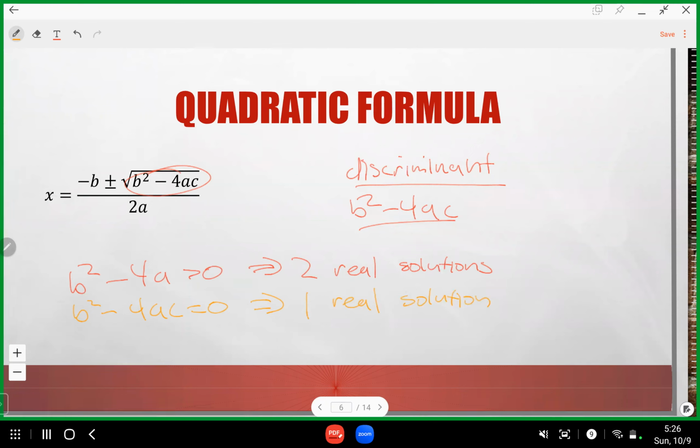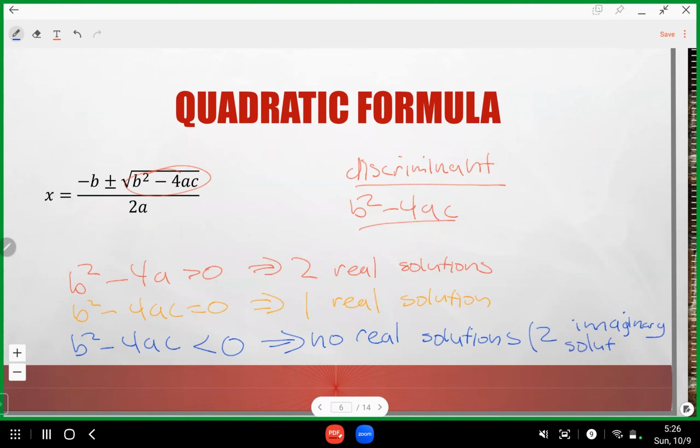And lastly, let's make it blue this time. If b squared minus 4ac is less than 0, you have no real solutions. You have 2 imaginary solutions.